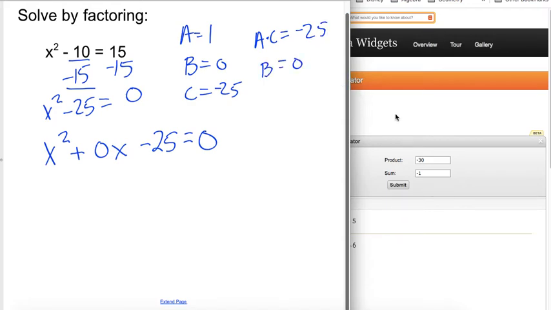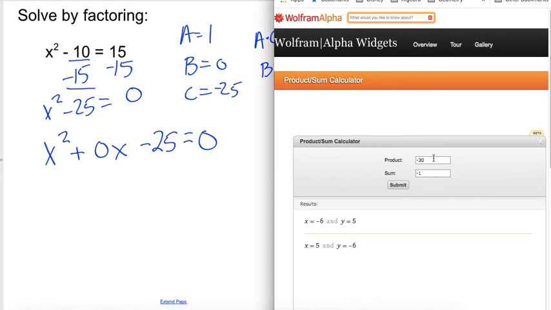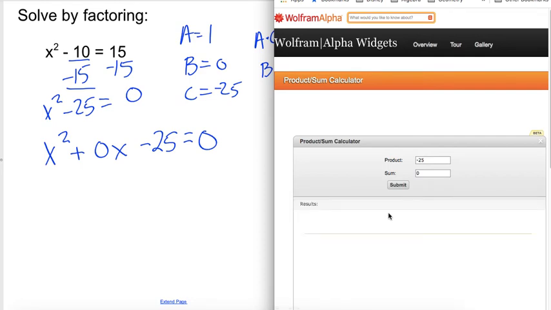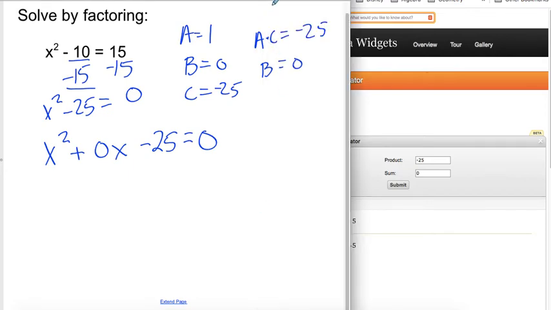So then we go over here to Wolfram Alpha. We need a negative 25 product, and we need a 0 for the sum. So this is telling me that I need to have negative 5 and positive 5. So we want a negative 5x and a positive 5x because these will add to be 0, and that was what we were looking for.